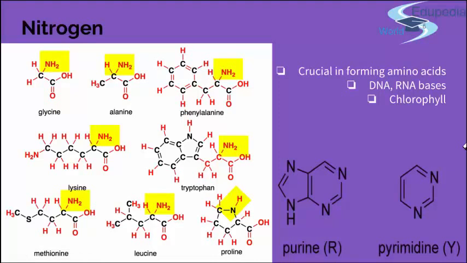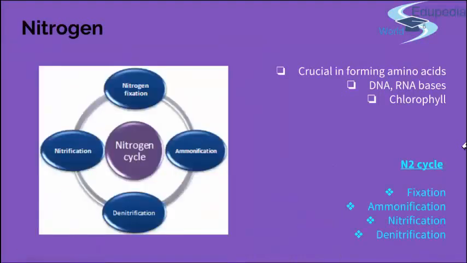The nitrogen cycle is a process in which nitrogen is transformed into a few chemical forms by means of different biological and chemical processes. Four of those are the most important: fixation, ammonification, nitrification, and denitrification.